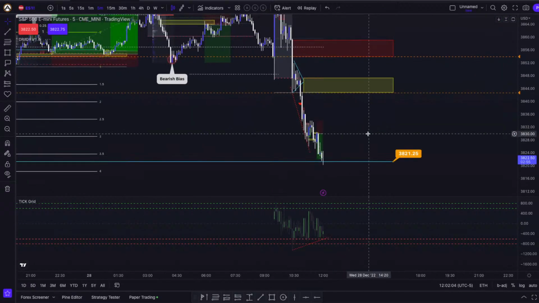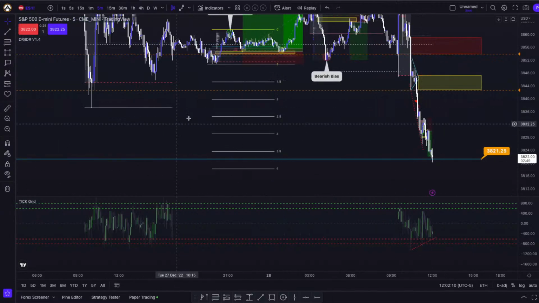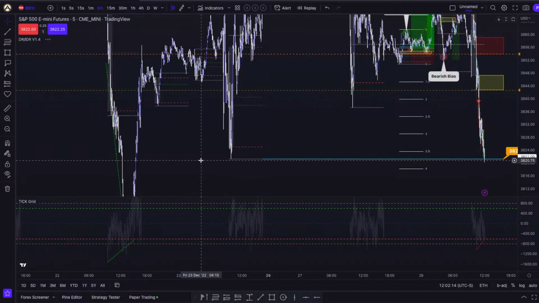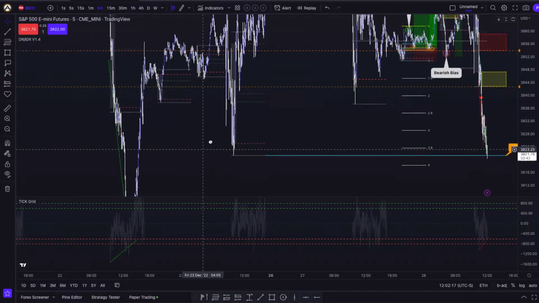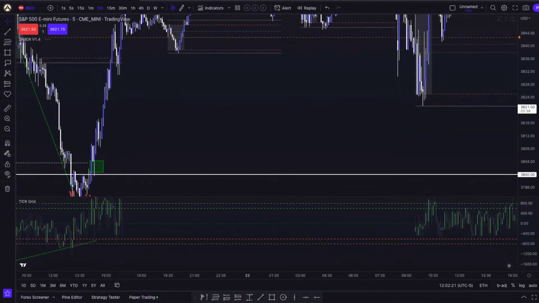And if we look at what's happening today, it's almost looking the same, in my opinion. It only depends now on where this major sell side liquidity is going to be, from which we are going to react. We can look for fair value gaps below here, because there are still a few fair value gaps that we could be targeting, such as this one.